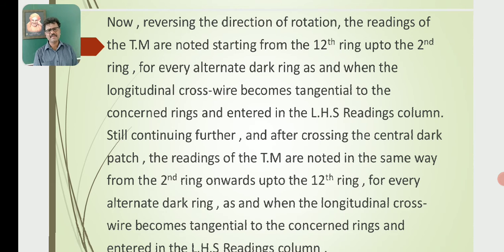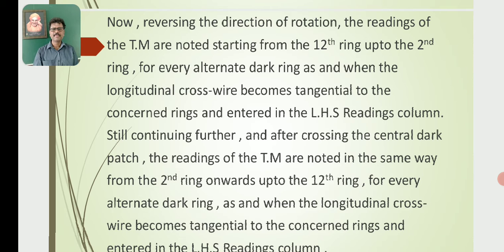Further, the head scale drum is moved so that you can take the readings for alternating dark rings: 12th ring, 10th ring, 8th ring, 6th ring, 4th, then 2nd ring towards the left.